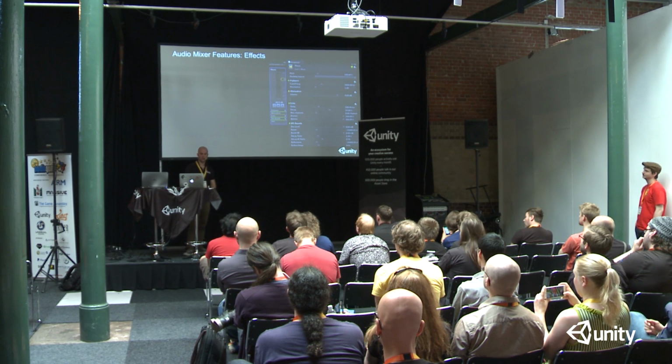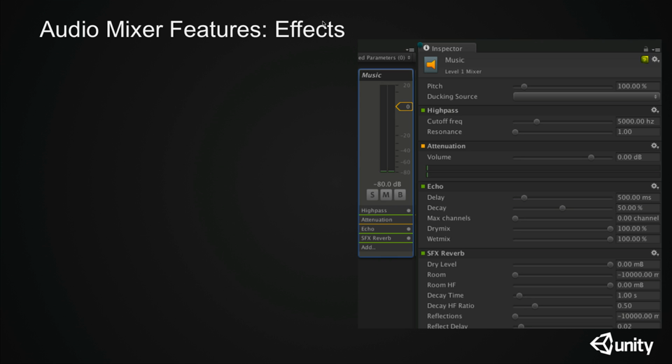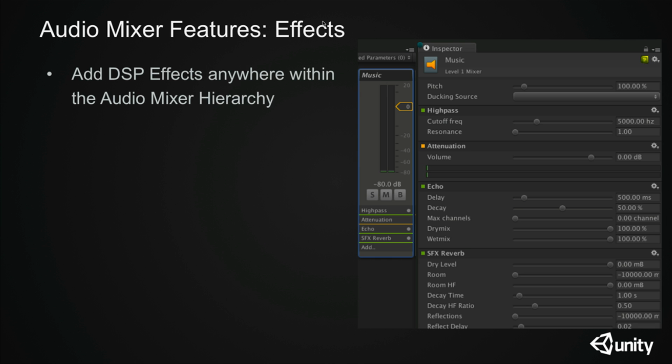Cool. So now I want to talk a little bit about effects. A lot of you know what effects are, like echo or reverb, like I said earlier. But in Unity audio mixers, you can add DSP effects anywhere you want. You can modify the effect parameters in the inspector for this group directly, which is super important because we also allow you to make snapshots, which we'll talk about in a minute.